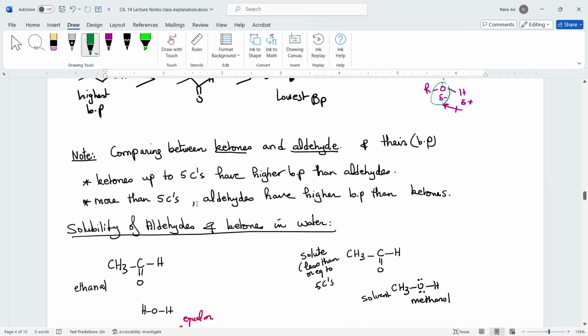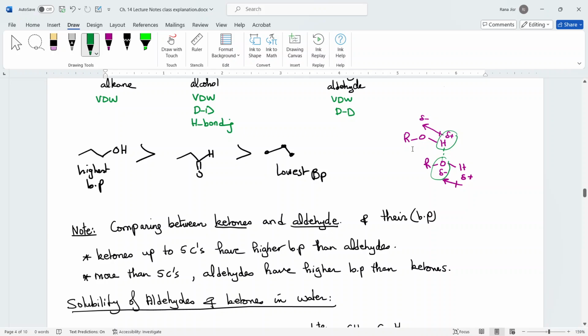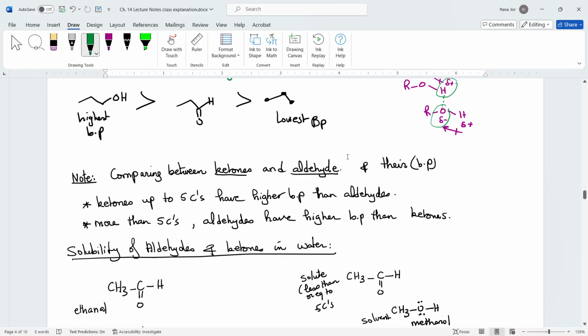So now if I want to compare aldehydes and ketones and their boiling point. We've talked about aldehydes alone, ketones alone, and we said that aldehydes and ketones have no hydrogen bonding whatsoever with each other. Now, if I want to compare aldehydes and ketones, which one has a higher boiling point?